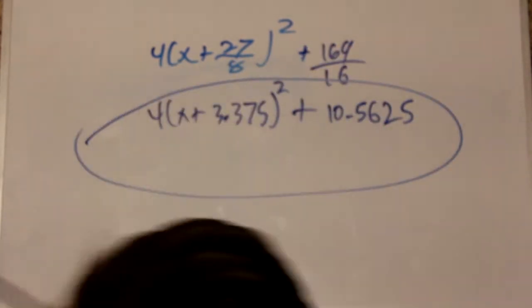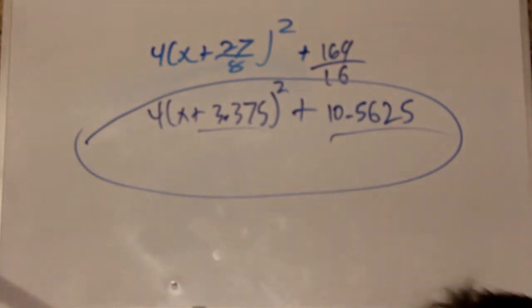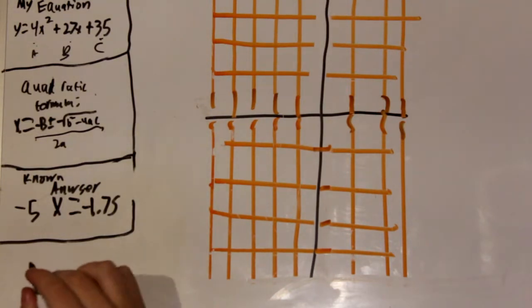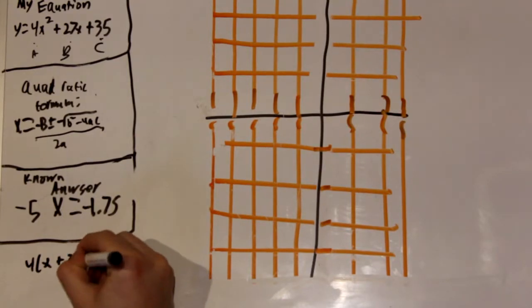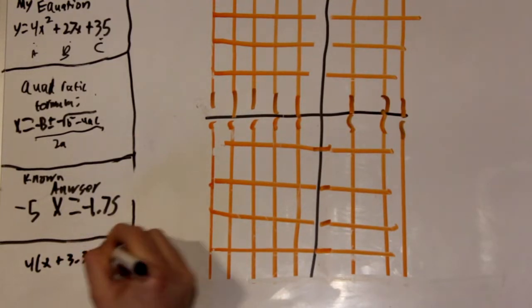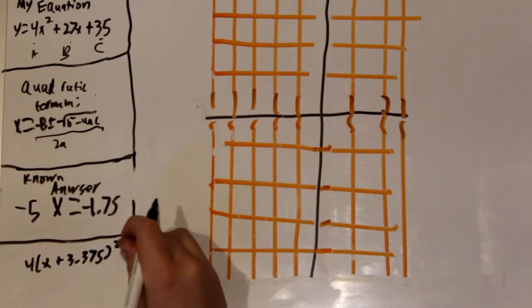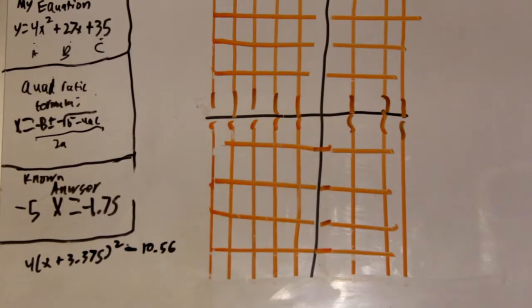Here is our vertex form, and these two numbers will be used to get our vertex, hence vertex form. Okay, now we successfully have our equation as 4 open parentheses x plus 3.375 close parentheses squared minus, oops, not divided, 10.56. That is the equation we're going to graph.